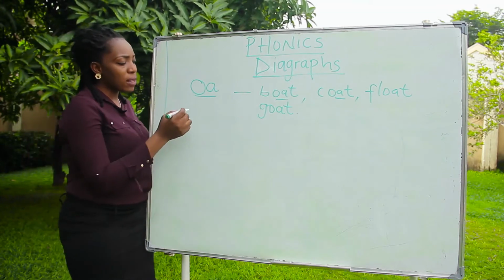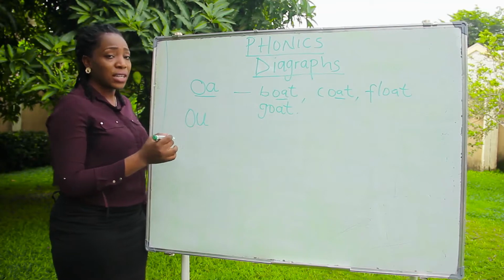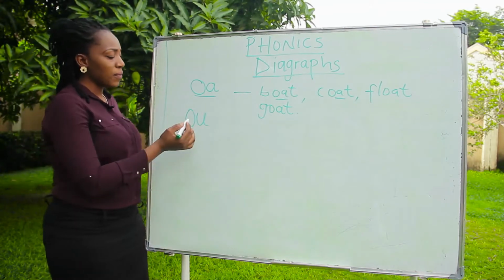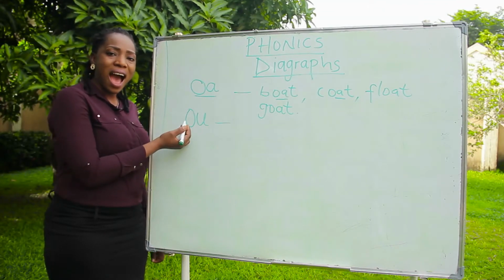Now another of these digraphs is this. We have so many of them, but in today's class I'll be taking just a few. This is ow. Yes, say it. Ow.